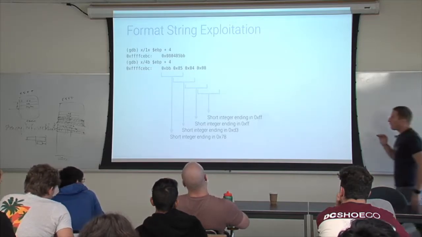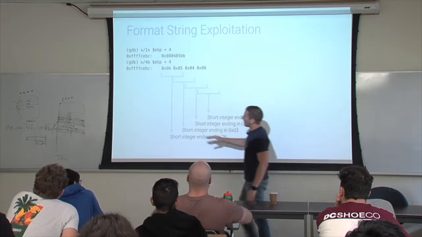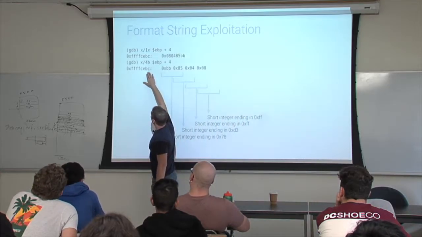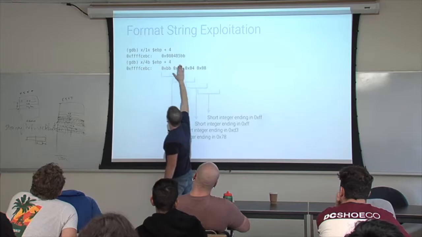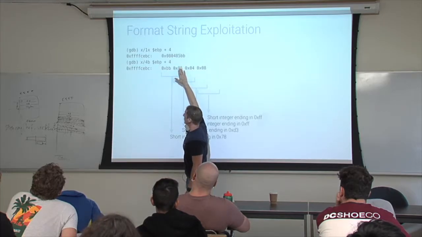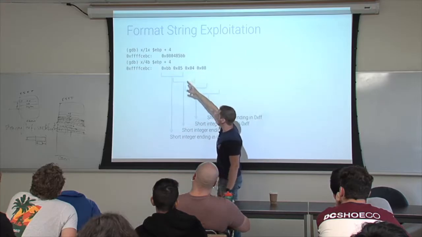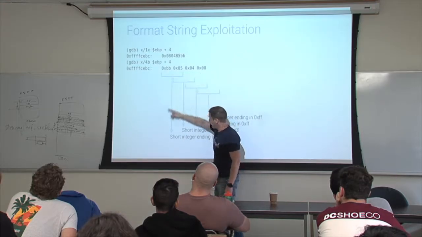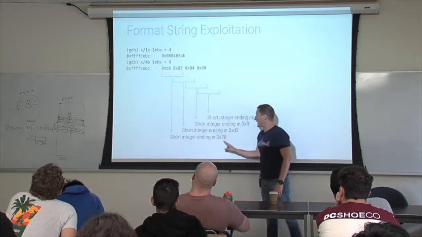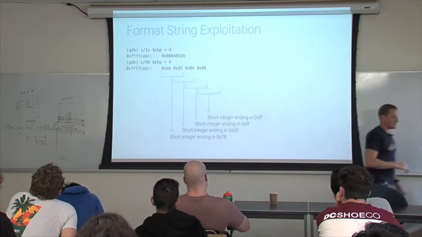So we want to do 4 writes, imagine. This is our, CC/EBC is where we have stored our return address. Now, at this address, we have to write a value, let's say the first one, something that ends in 78.